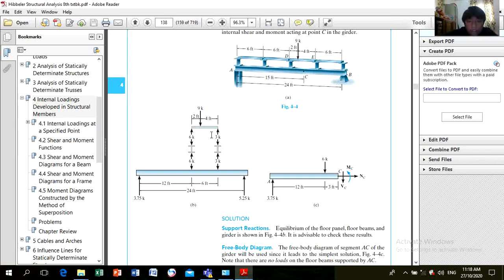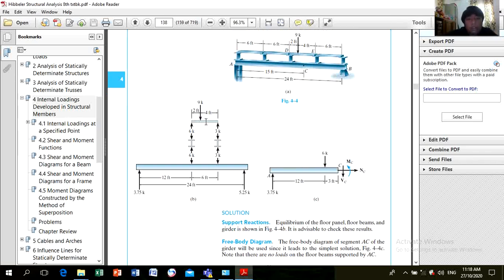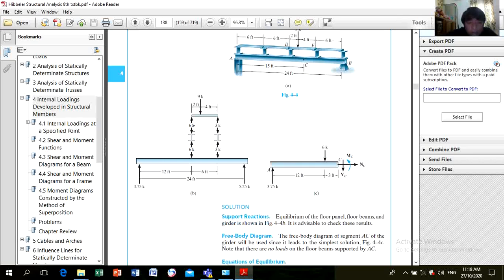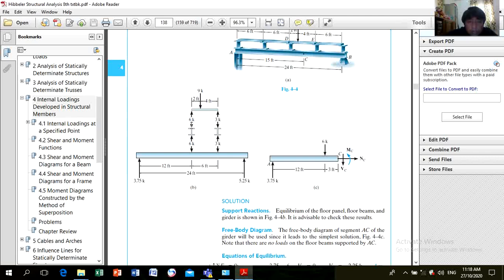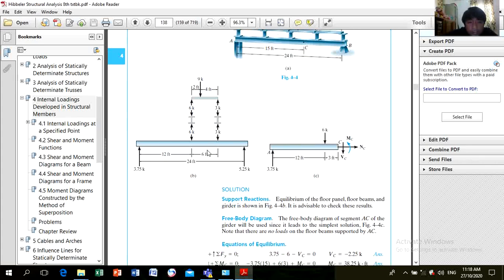To check, 6 plus 3 is 9. So this load of 9 is carried by the internal forces at DE, which are 6 and 3, and the same 6 and 3 are applied to the beams.